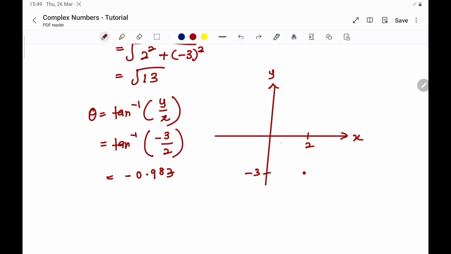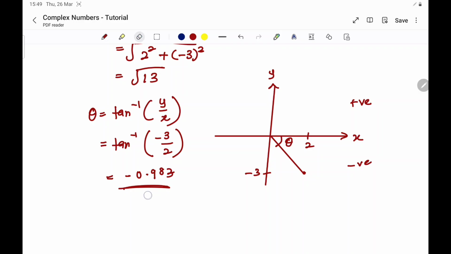The angle that you want starts from here, and just like I told you, if the location of the point of x and y is in the first or second quadrant, it is positive. If your point is in the third or fourth quadrant, you are going to get negative. So that's why here the answer you get is negative.